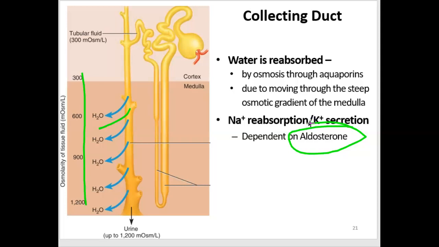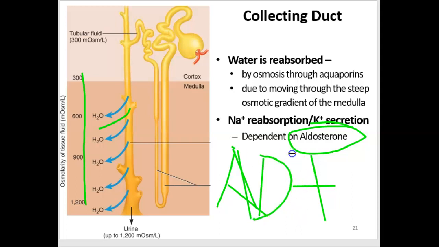There's another factor, though, that plays a role, and that is the hormone ADH.